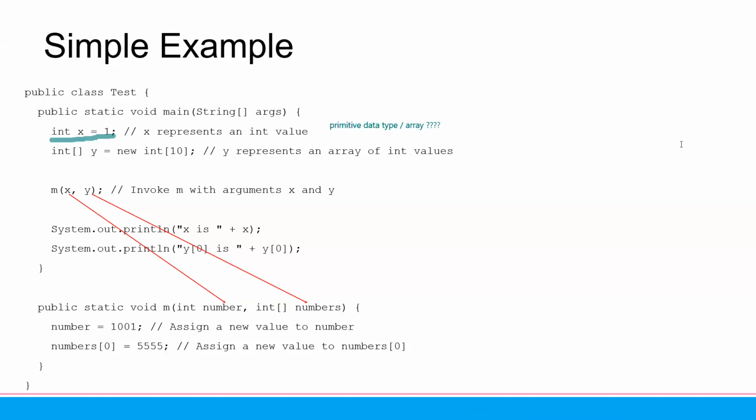Okay, so what is this? Is it a primitive data type or an array? This line.